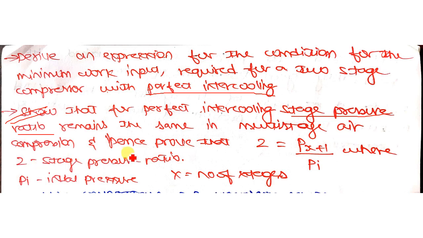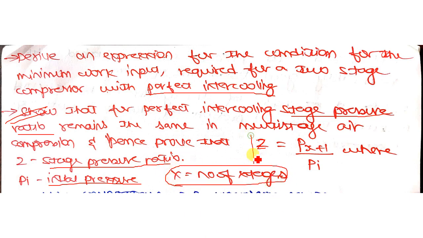Hence prove that Z equals P to the suffix x plus 1 divided by Pi, where Z is the stage pressure ratio, Pi is your initial pressure, and x is your number of stages. You have to prove this particular expression at the last.